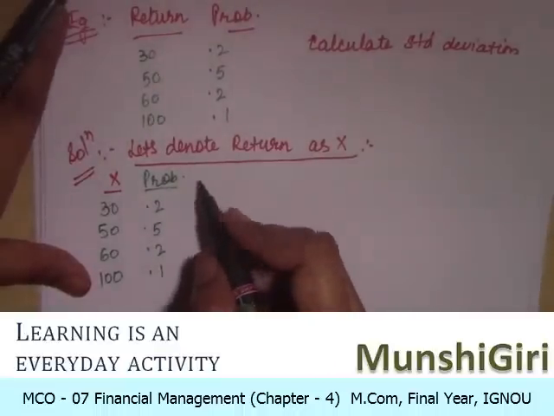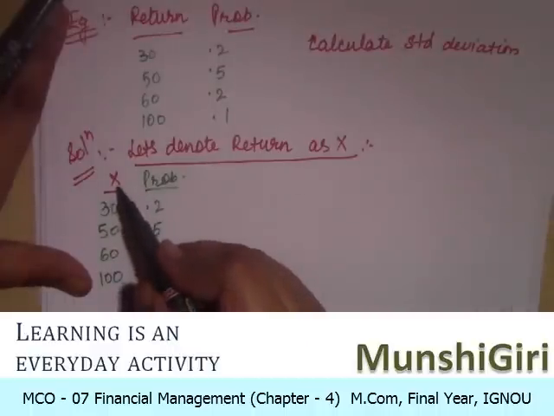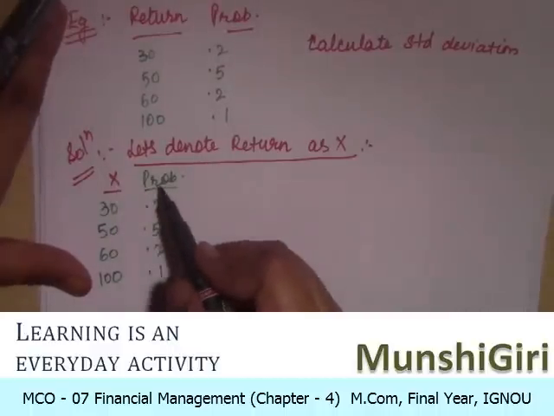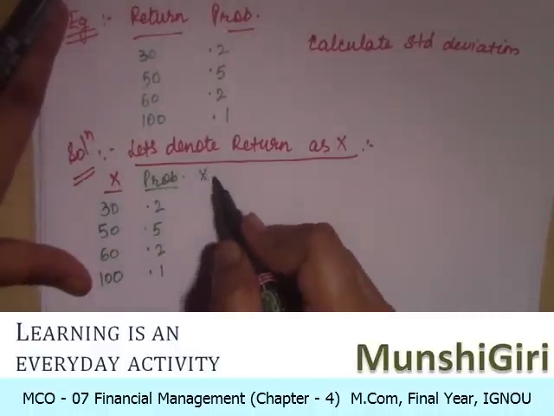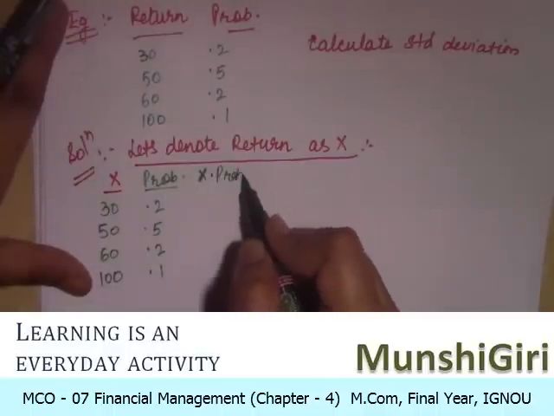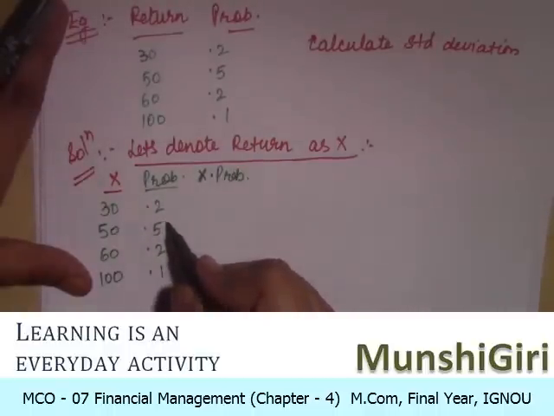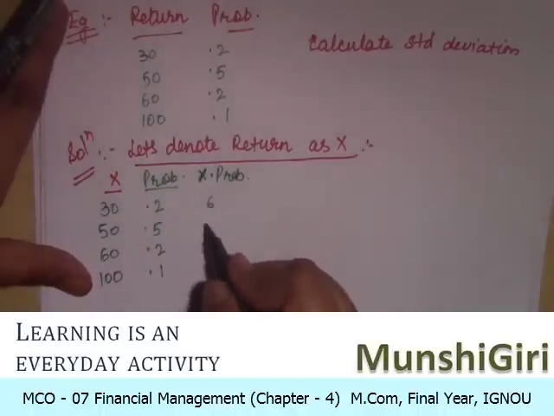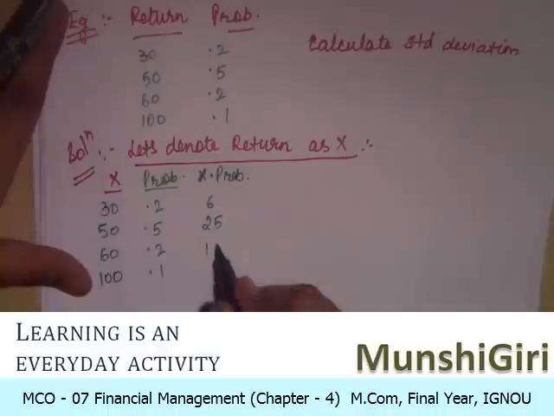In the next column we'll multiply x into probability. 20% of 30 is 6, then 25, then 12 and 10.